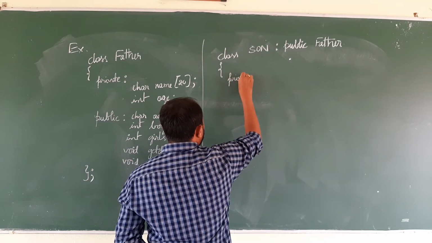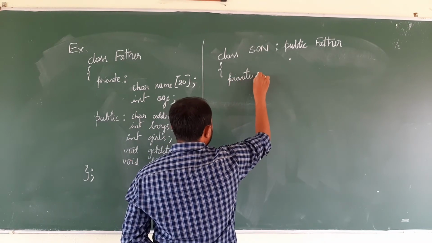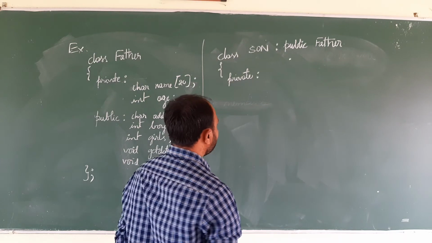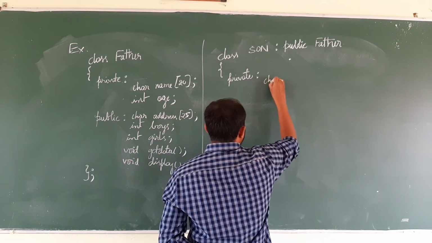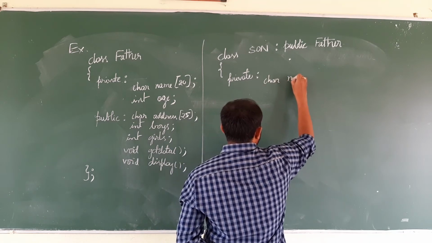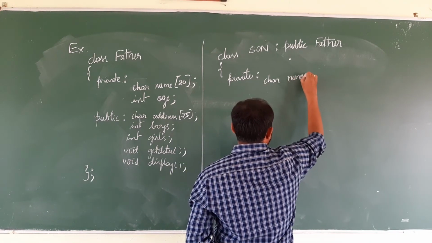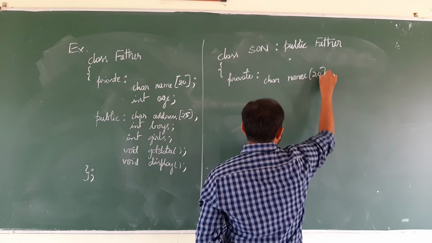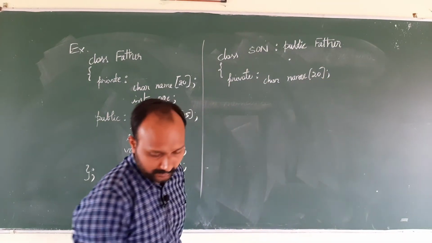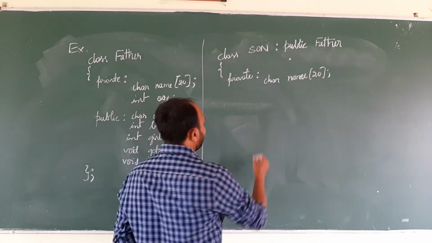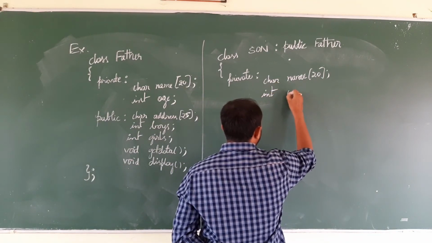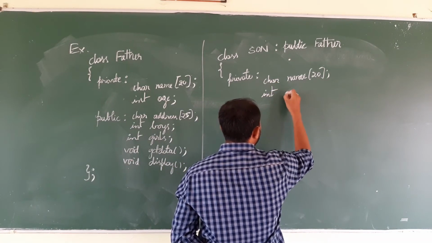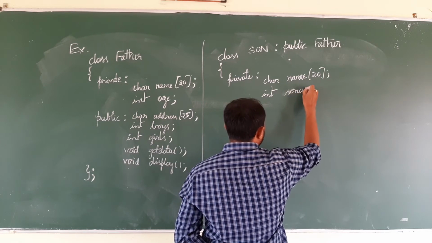Within private, I will first consider the name of the son, so I will go with a character data member. Followed by that, I will consider an integer, as I would like to know his age, so son age.